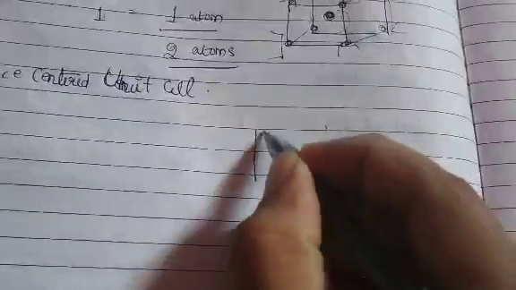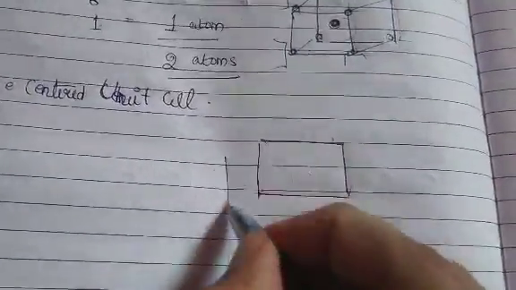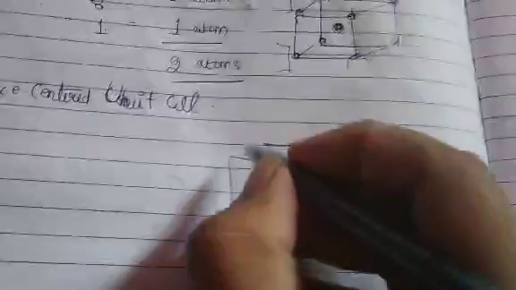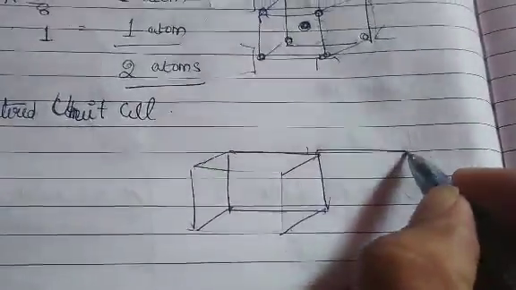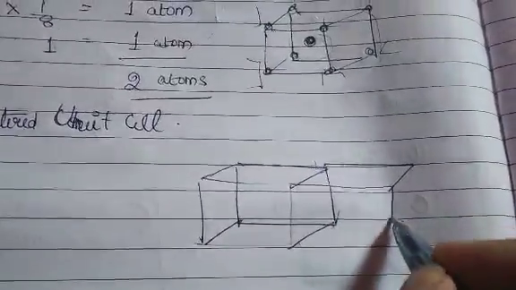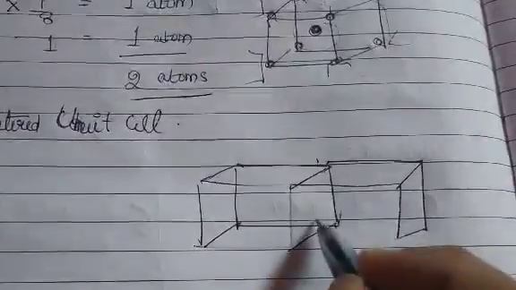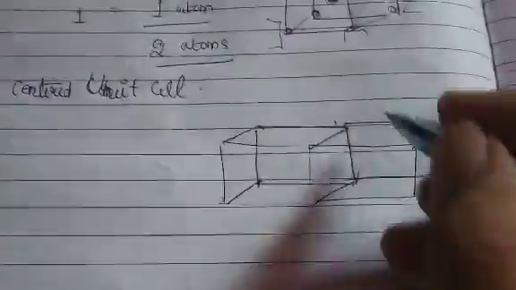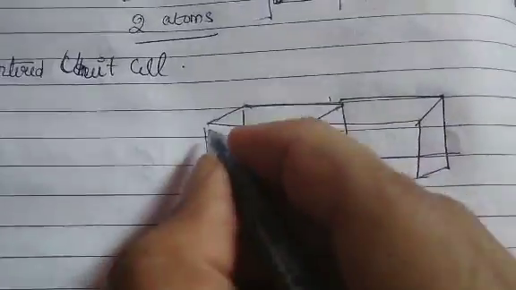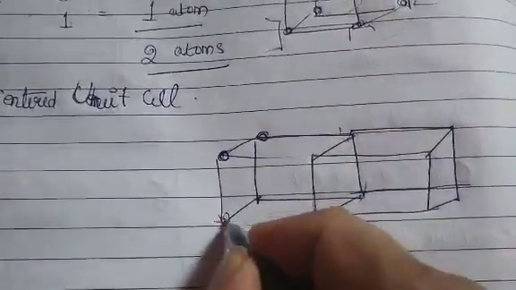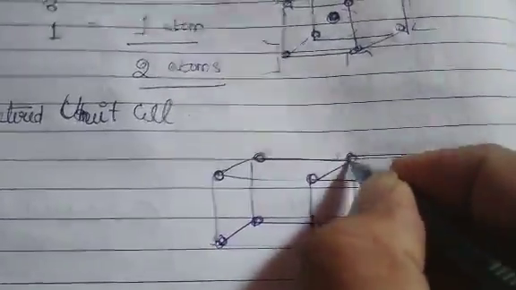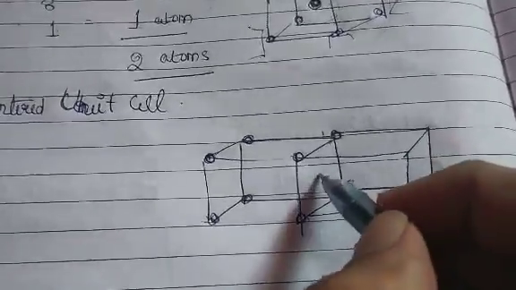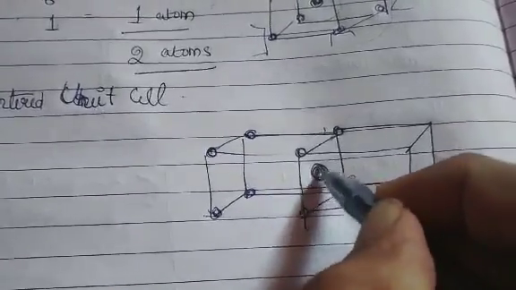For example, if I write my cube in this way, this is one unit cell, and there is another unit cell here like this. We know that in this unit cell the atoms are present at the 8 corners, like this, and also at the 6 faces. Let me just consider one face here.